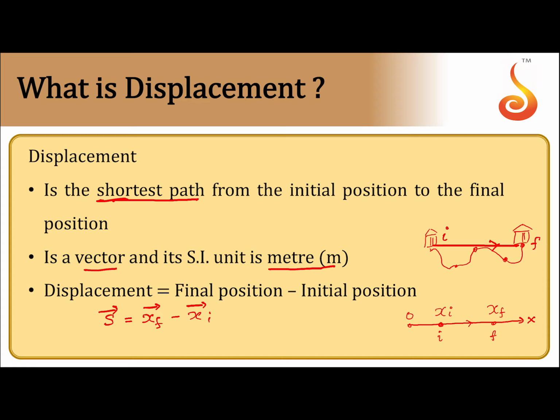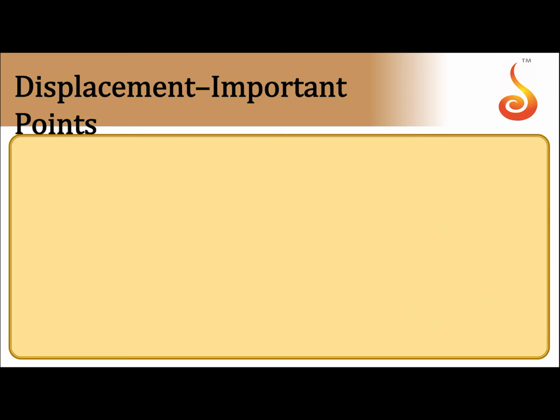There are some important properties or concepts to be noted regarding displacement. What are those? First of all, displacement can be positive or it can be negative or it can be 0. Under what circumstances is it positive? Under what circumstances is it negative?